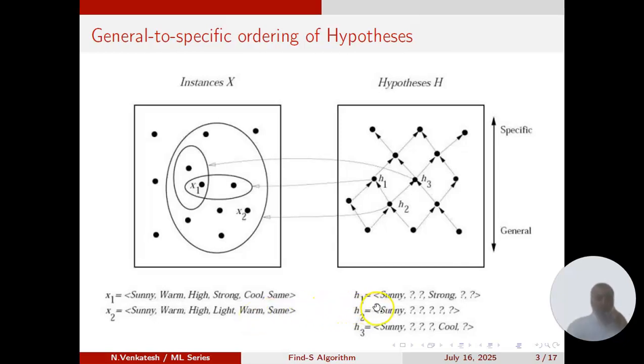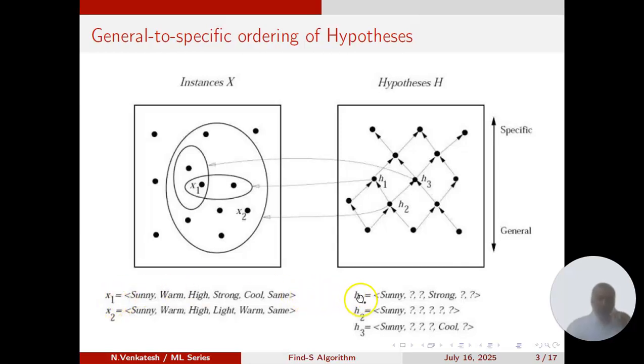Now if we consider hypothesis H1, it is saying that the sky condition should be sunny and the wind speed is strong. Remaining attributes take any value. Now we can see that H1's condition is covered by x1.